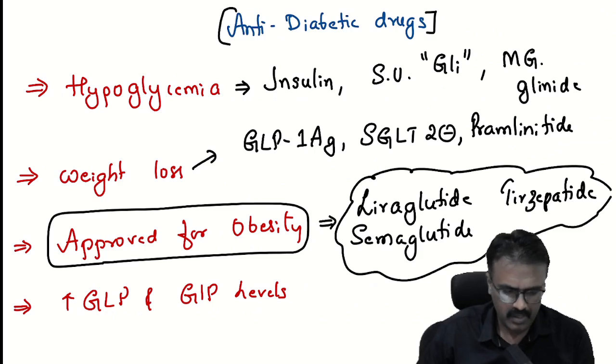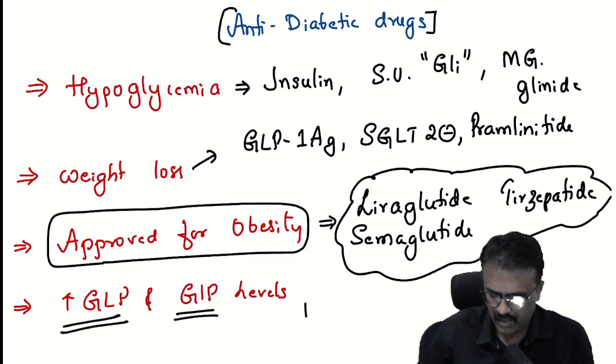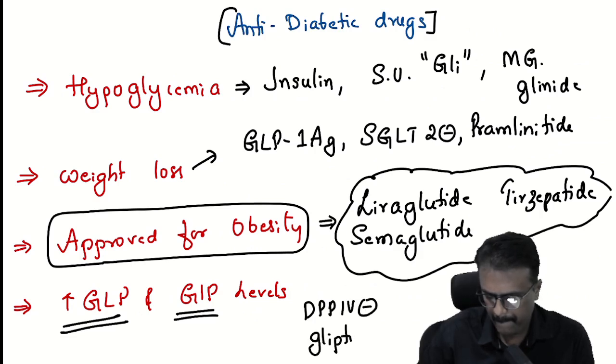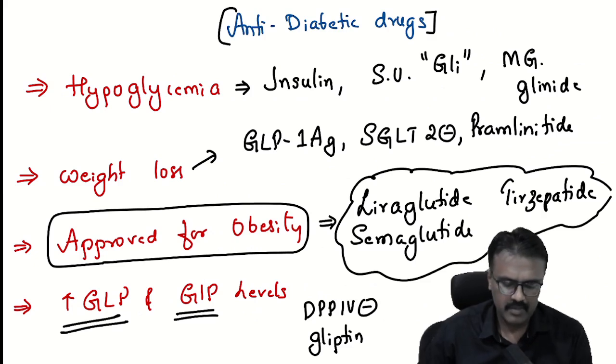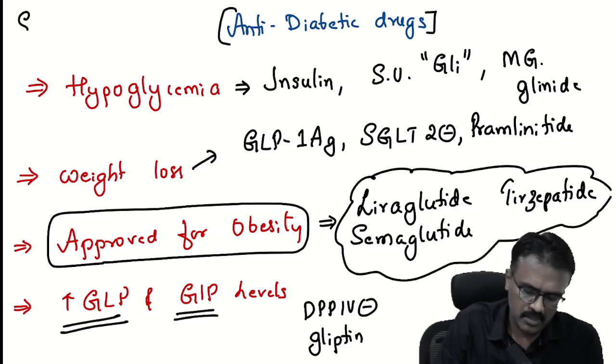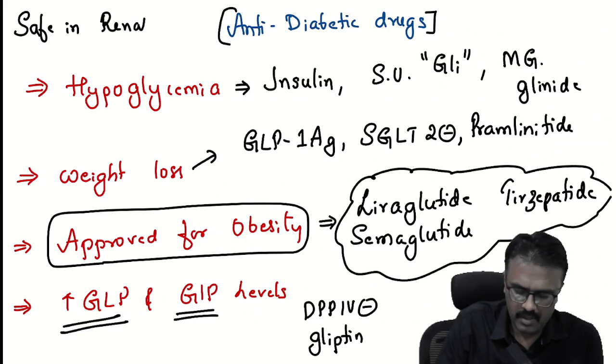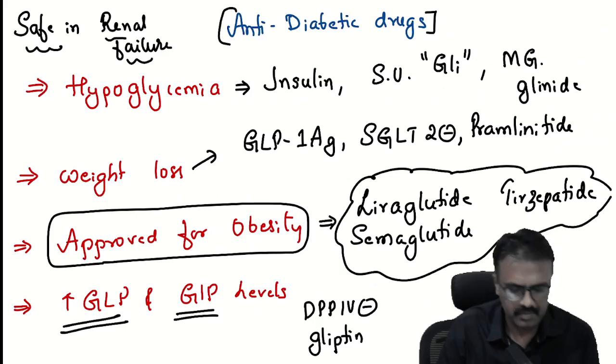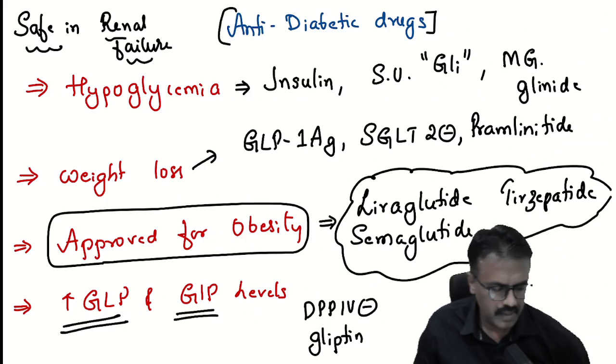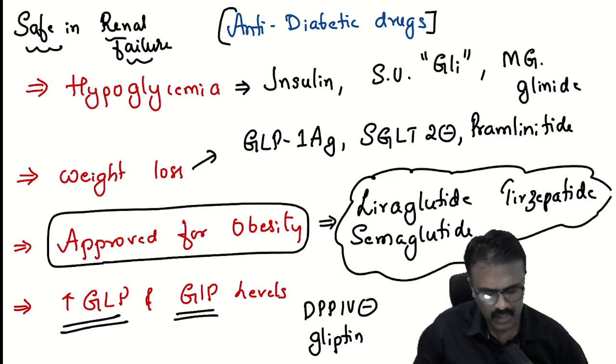Now tell me, what drug can increase GLP-1 and GIP levels? They are DPP-4 inhibitors and the names end with gliptin. Now tell me which gliptin is safe in renal failure patients. Yes, tirzepatide works on GLP-1 and GIP.